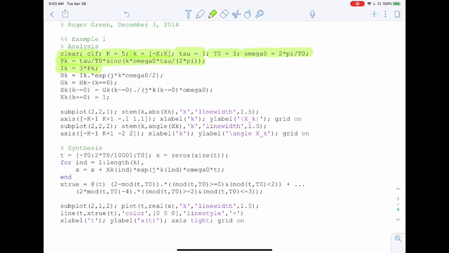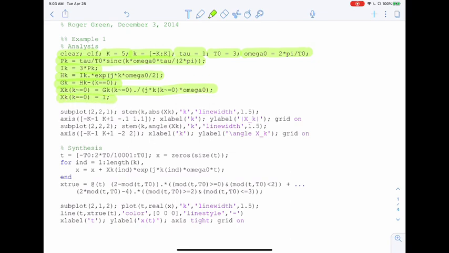H of k is just I of k times an exponential corresponding to the shift case. I'm going to have G of k equals H of k minus k equaling 0. That relational operator is just a quick and easy way of getting a little Kronecker delta function, so that's that delta part. Then I let my xk, for all the non-DC terms, be that gk divided by jk omega naught. And then I set the DC term.